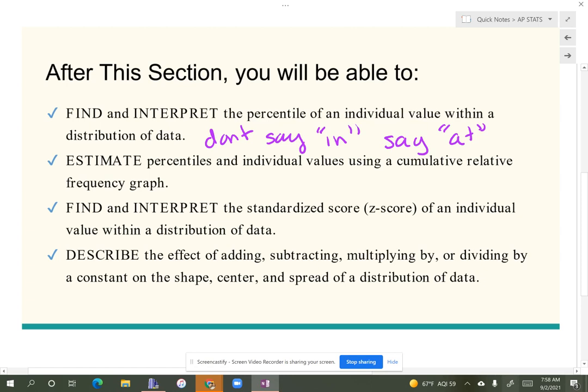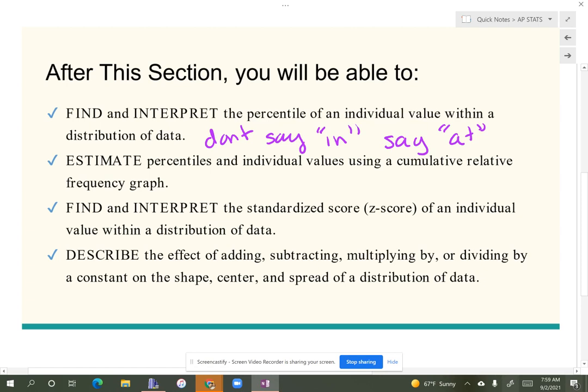But then his head size, because he had a big noggin, would be at the 99th percentile, meaning his head measurement was greater than 99% of the other babies at his age. Another thing that they use percentiles in a lot is test scores, ACT, AP test scores. That's kind of how they score some of those things anyway.